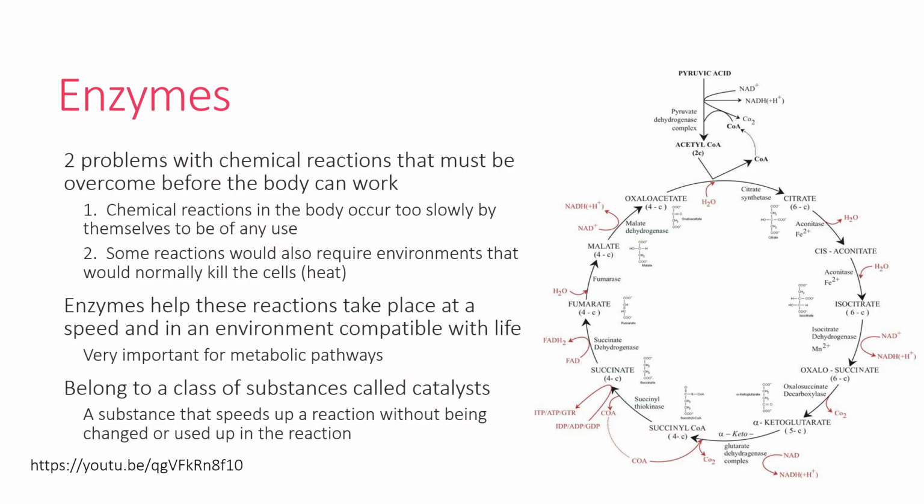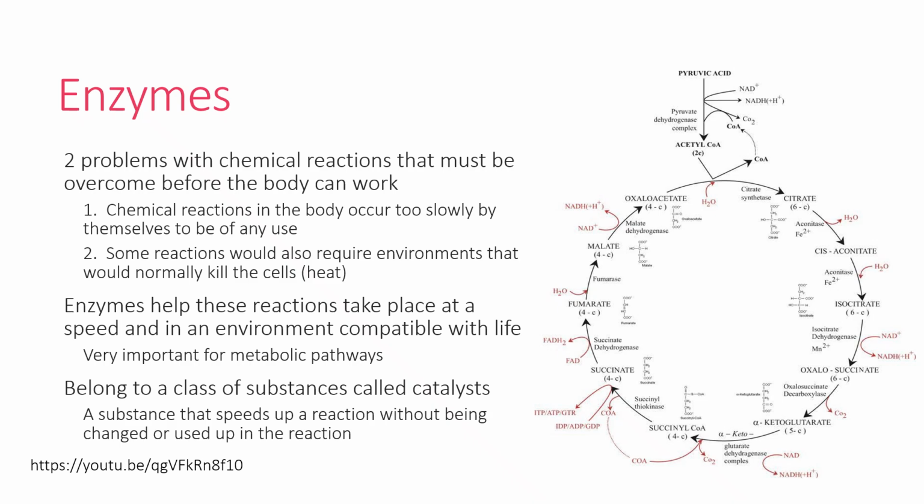If we were to take in some carbohydrates, for instance, and just wait for it to magically break apart and then magically come back together in the form of glycogen, for instance, that's not going to happen. That's going to be too slow for anything to happen that's compatible with life. So somehow we need to be able to speed up these chemical reactions.